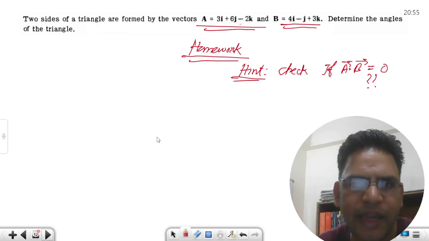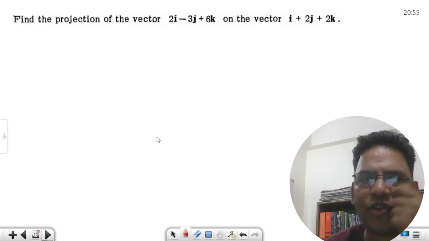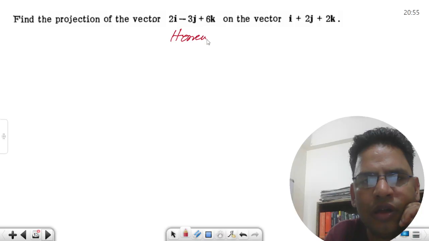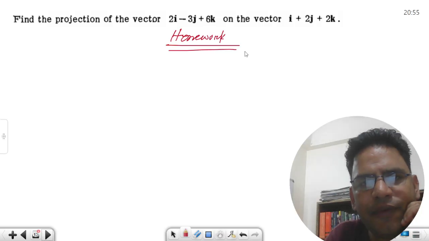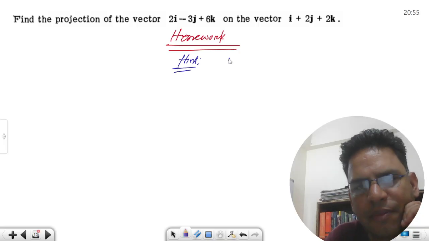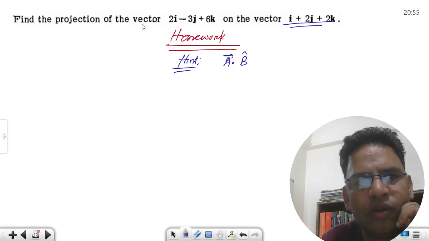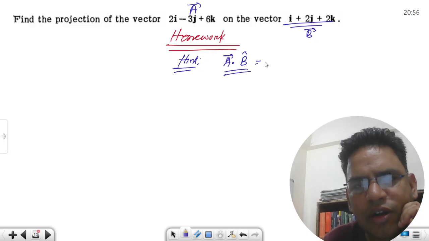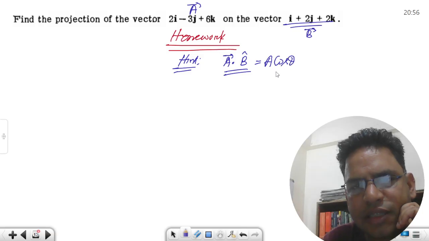If you look at the second one, find the projection of a vector; again a homework problem. If you need my hint, whenever you want to find the projection of a vector on another, let's say this is the b vector and this is the a vector, if you take a dot b, you get a cos theta, as simple as it is.